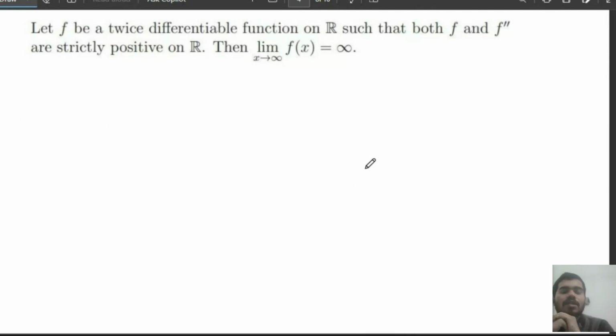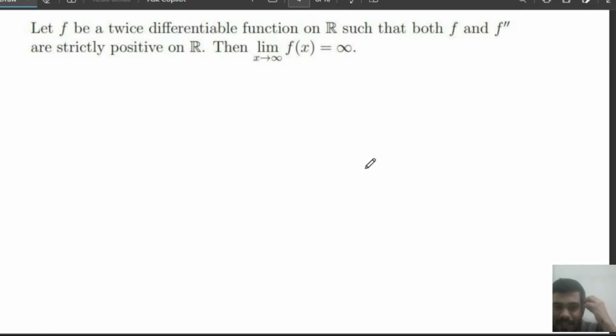Here it is given that f is a twice differentiable function on R such that both f and f double dash are strictly positive on R, and the limit as x tends to infinity of f(x) is infinity. Any guesses? What is the simplest function that you know for which at least f equals f double dash? e to the power x.